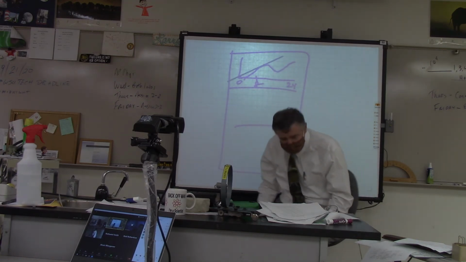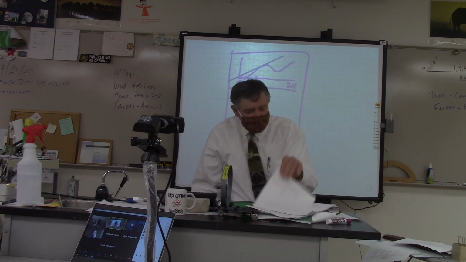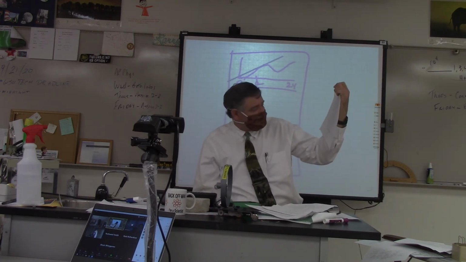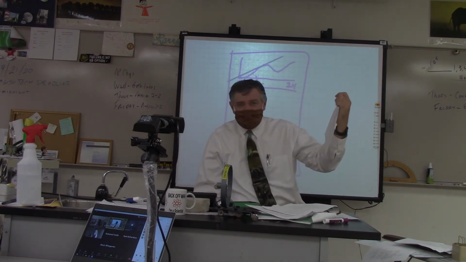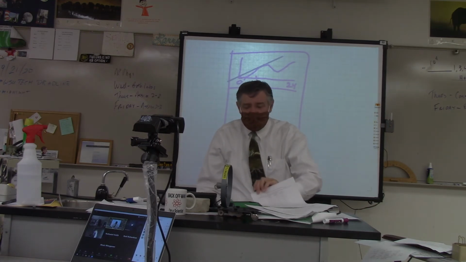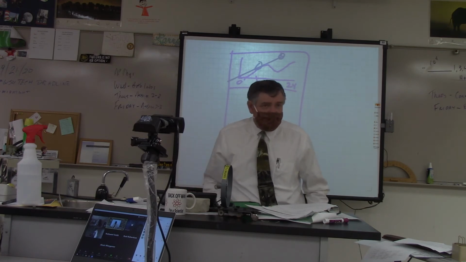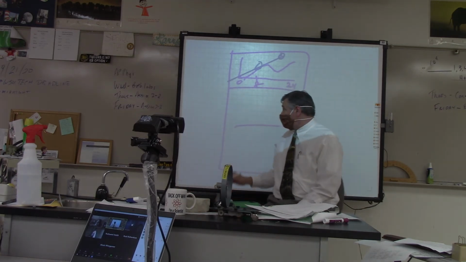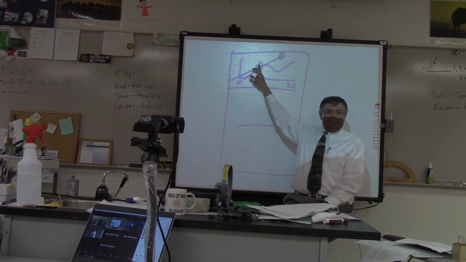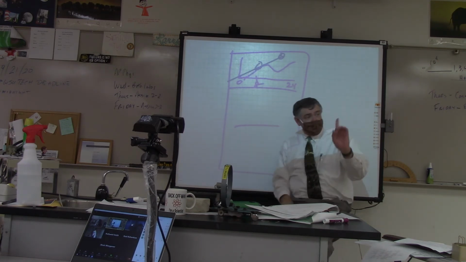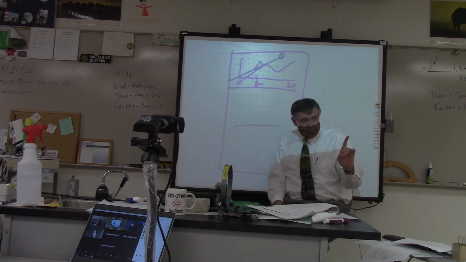Down below I tell you, draw the tangent lines, show calculations of slope. So you're going to pick a couple of points that are on this line. You can use 8 seconds and whatever that position is as one of your points. That's cool.